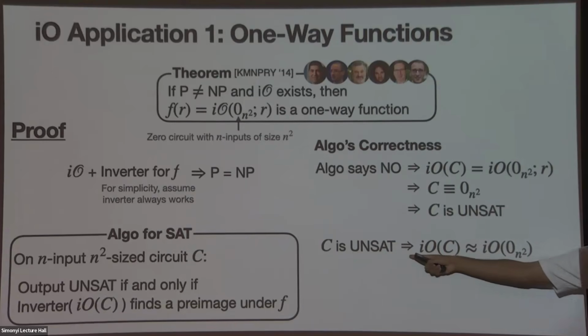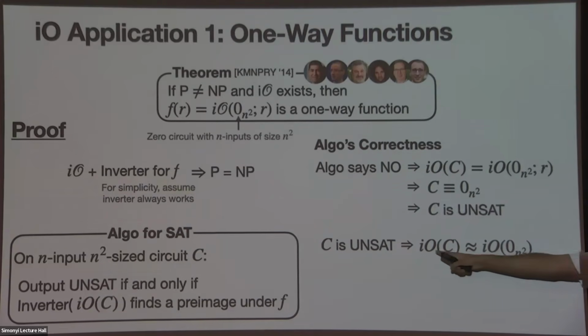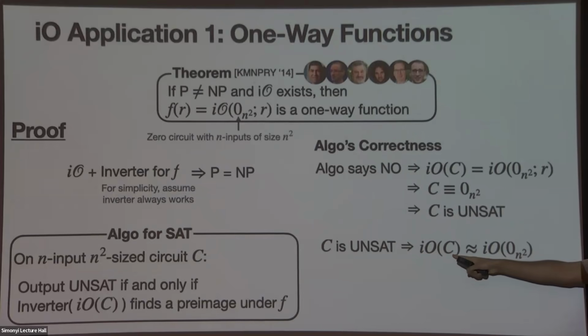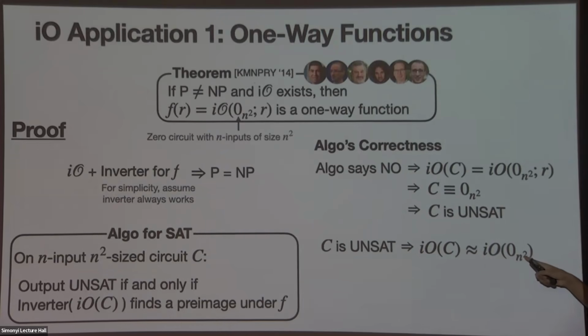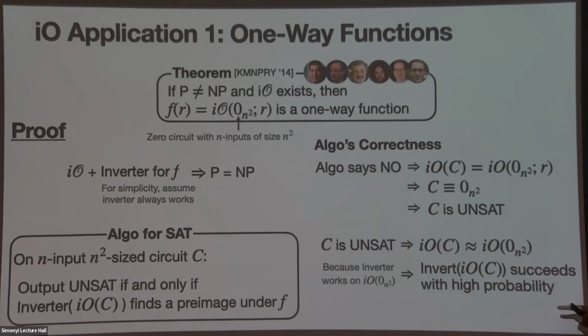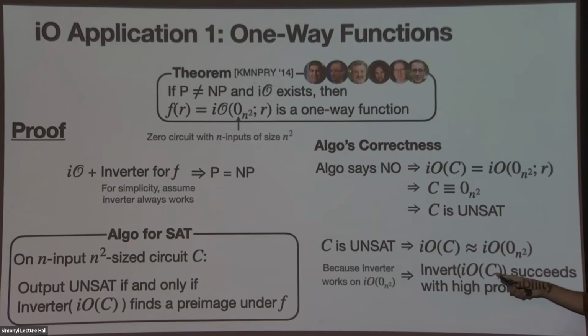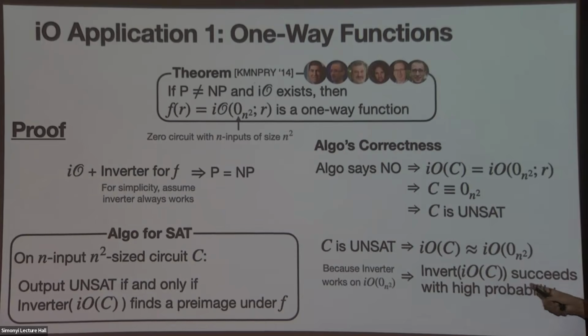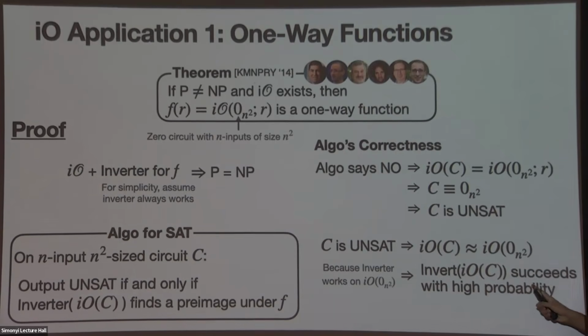Well, if it's unsatisfiable, then the obfuscation of C is computationally indistinguishable from the obfuscation of the zero circuit because they're functionally equivalent. Now I claim that this means that the invert algorithm on IO of C should succeed with high probability. Why?